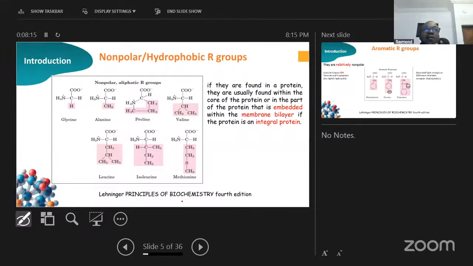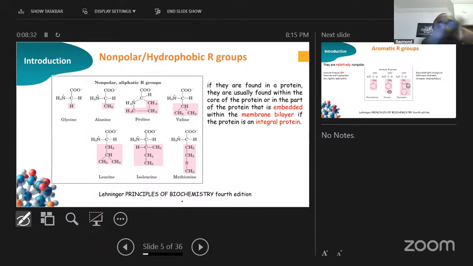So here we have, we talked about the R group as the classifier. So we use the R group to classify the amino acids that are found in proteins.